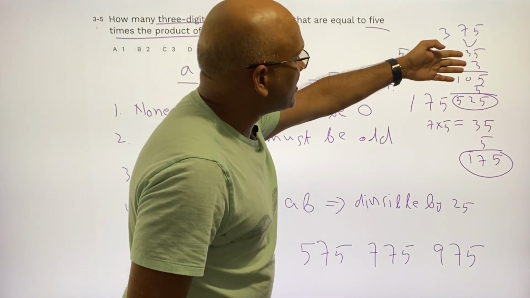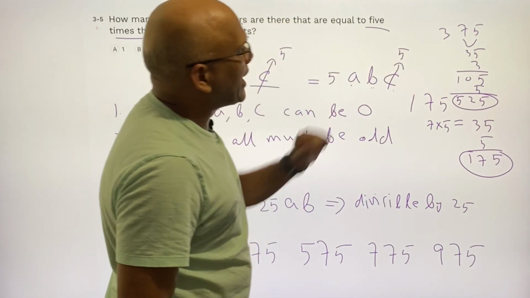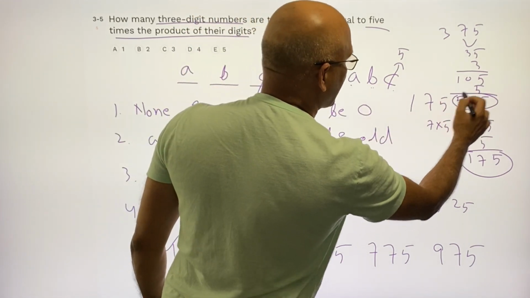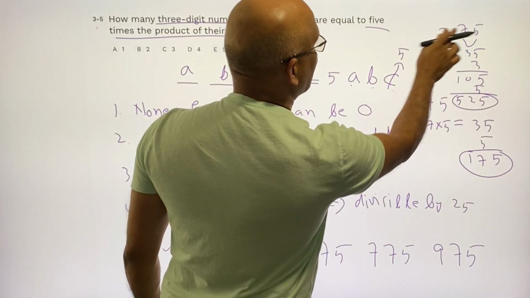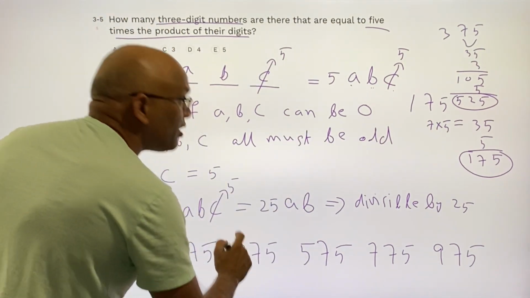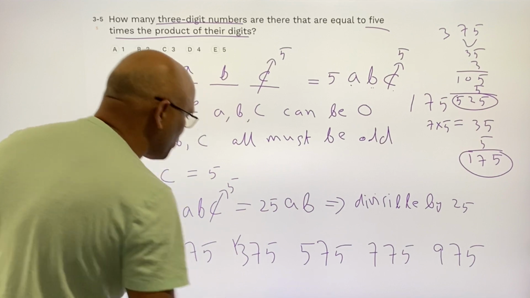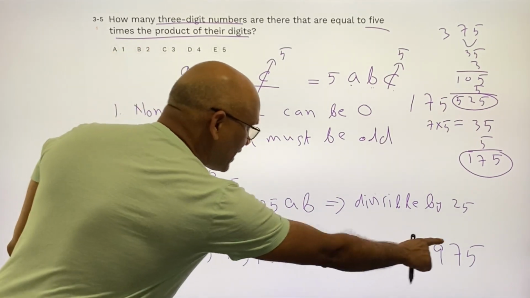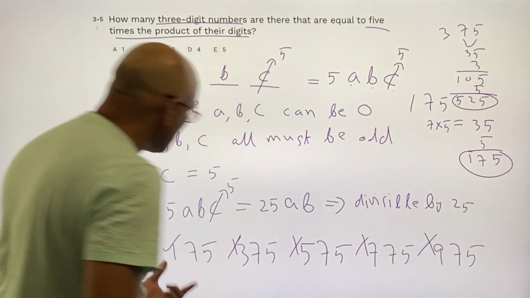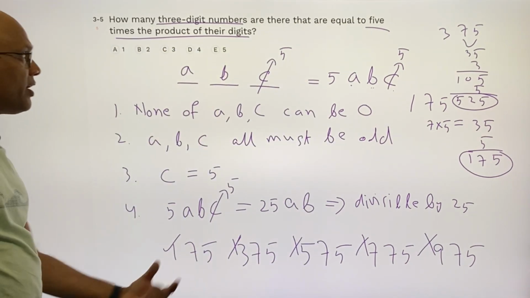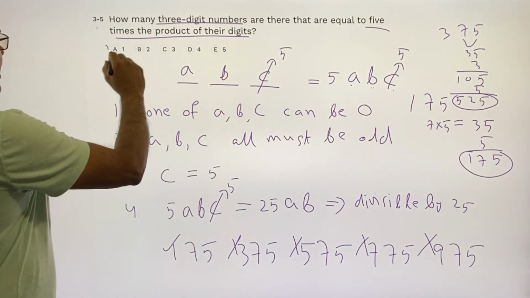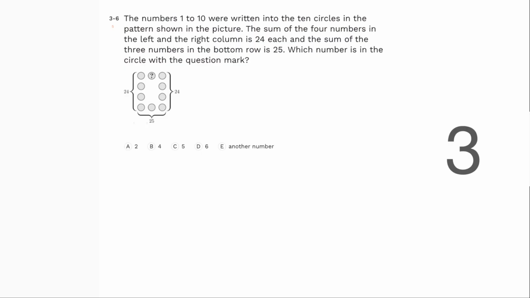If you multiply the digits, we end up with 105, and multiply that by 5, we end up with 525. 525 and 375 are not the same, so 375 is not going to work. Similarly, we can check the other numbers and verify that they are not going to work. So there is only one number that satisfies this condition. Then A is the correct choice.